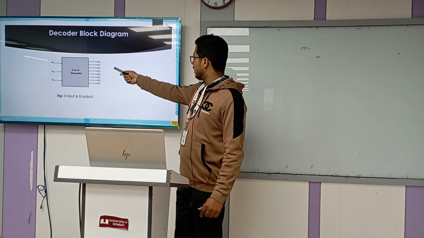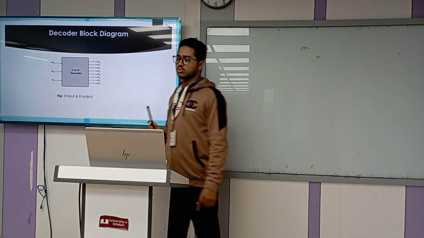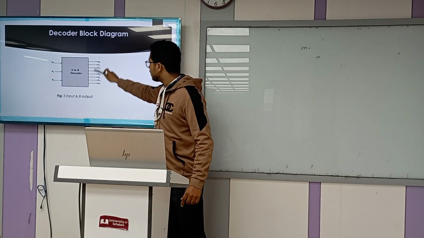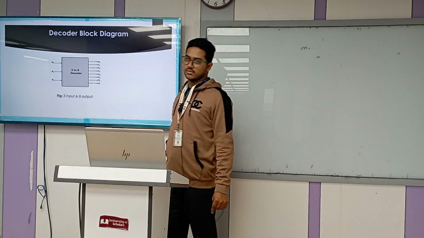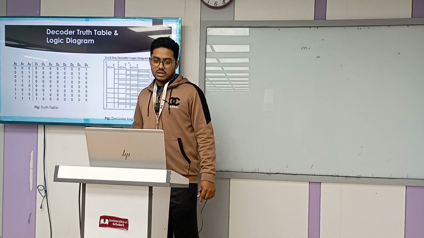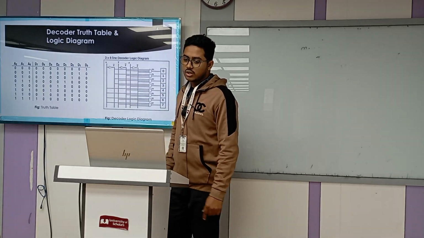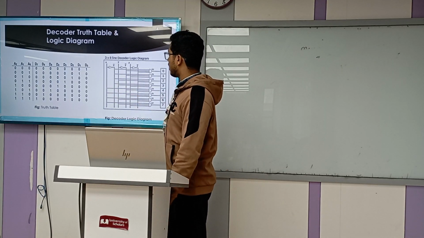Here you can see that we input three inputs, A0, A1, A2, and we get 8 outputs, Y0 to Y7. Decoder truth table and logic diagram.